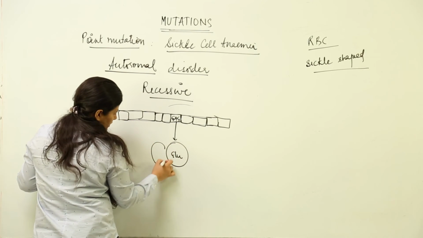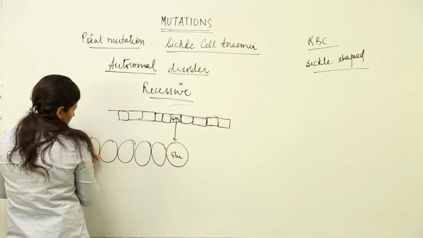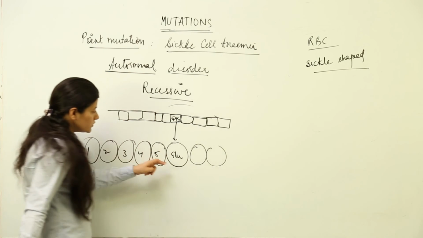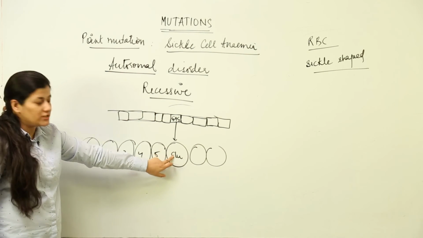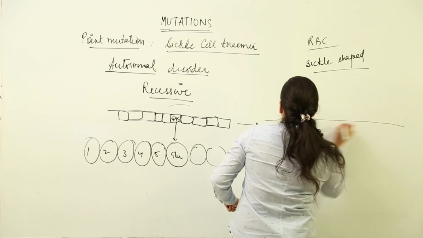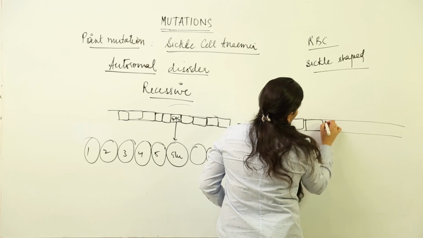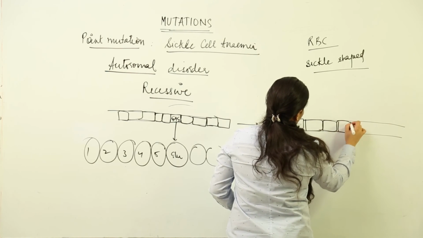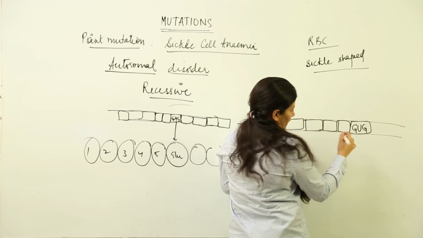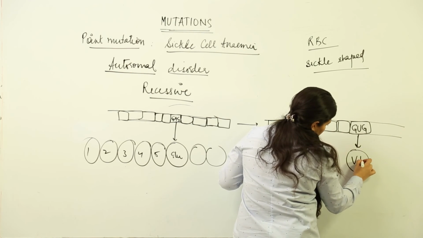So the 6th position must have glutamic acid as the amino acid, but because of that point mutation, at the 6th position you don't have GAG, A is replaced by U, so you get GUG, and because of that replacement it becomes valine.